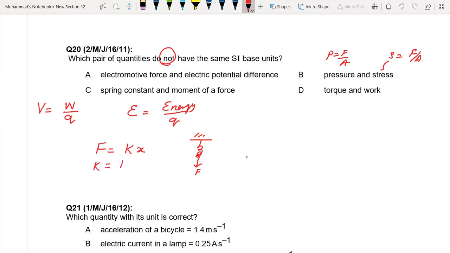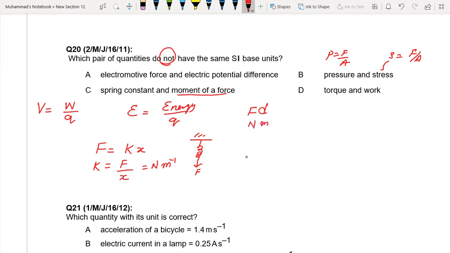So for the unit of spring constant, you make it the subject. That is Newton per meter, and moment of force is defined as the product of force multiplied by the shortest distance from the pivot to the line of action of force, that is F times D, that is Newton meter.